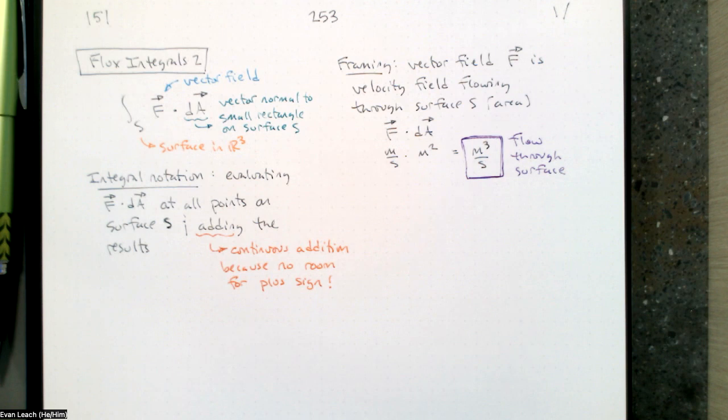If the same 5 meters per second flows through a pipe that is 4 square meters, we have 20 cubic meters per second. How fast the water is going times the area it flows through. That's our base model framing for flux integrals.